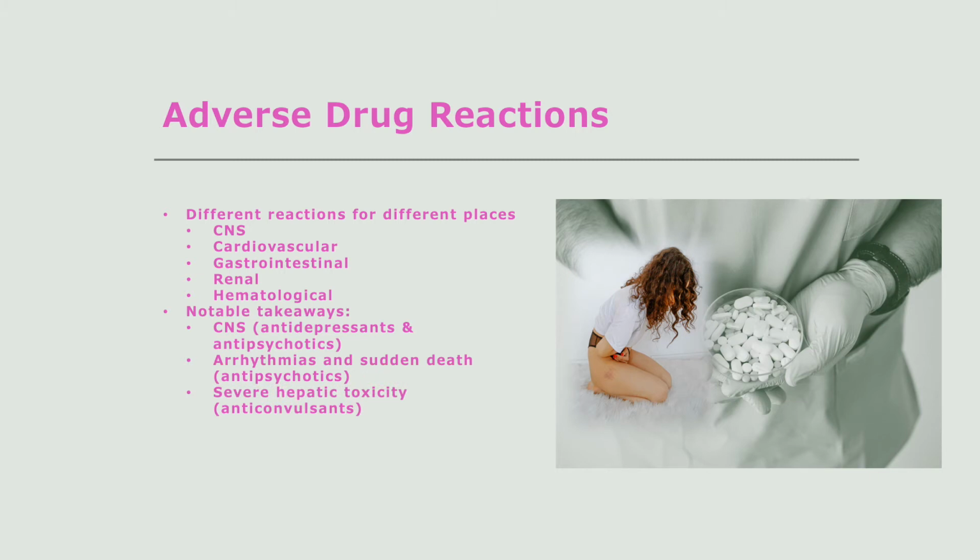Anticonvulsants have been implicated the most in severe hepatic toxicity. Primarily, severe renal syndromes have been linked to the use of lithium. Several classes of drugs have the capacity to cause the syndrome of inappropriate antidiuretic hormone secretion.